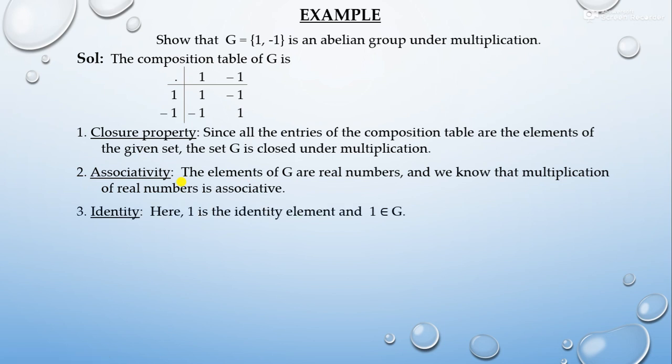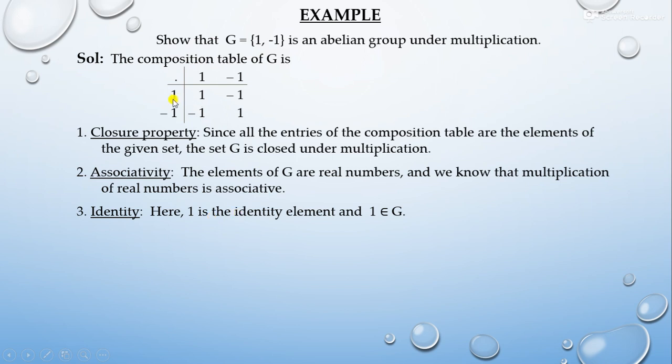What is the identity here? I told you that in the multiplication case the identity is 1, and 1 belongs to this set. So 1 is the identity of this set. The property of identity is that if you multiply any number with the identity, you get the same number.